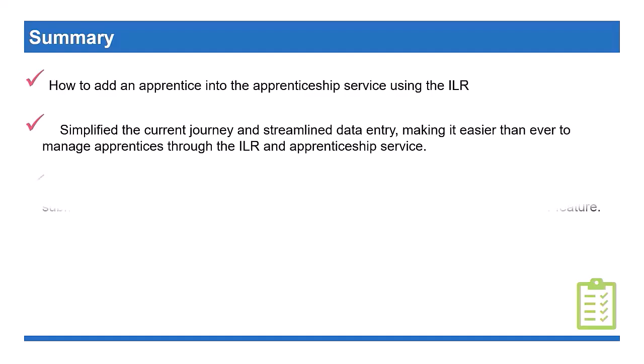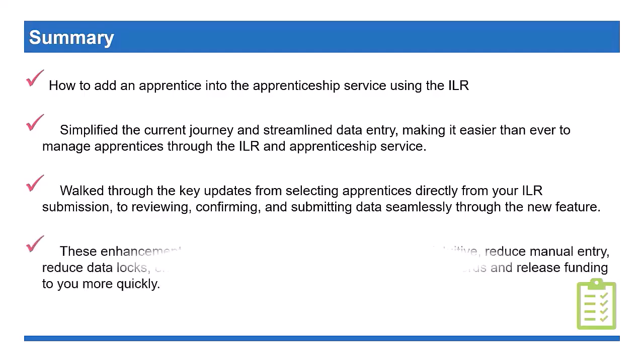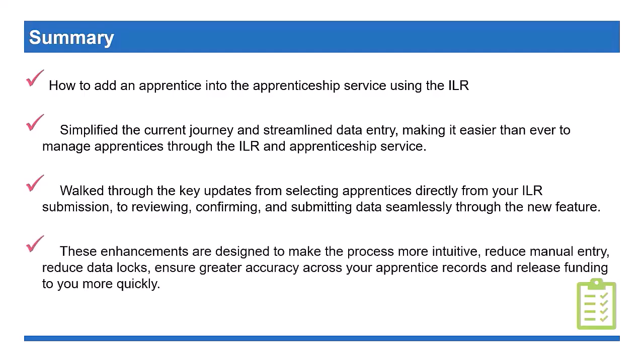We've walked through key updates from selecting apprentices directly from your ILR submission to reviewing, confirming and submitting data seamlessly through the new feature. These enhancements are designed to make the process more intuitive, reduce manual entry, reduce data locks, ensure greater accuracy across your apprentice records and release funding to you more quickly.